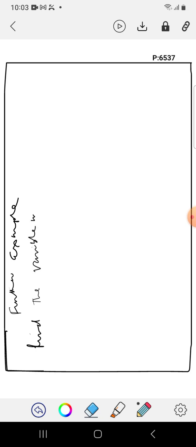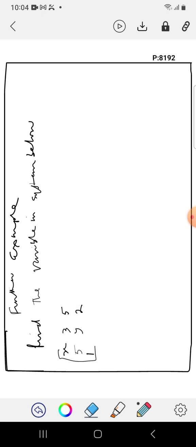So it says further example. It says find the variables in the system below. So we have the first matrix, which is x, 3, 5, then 5, y, 2.